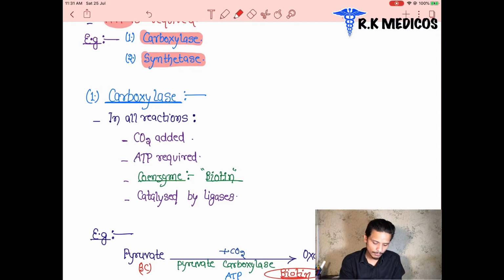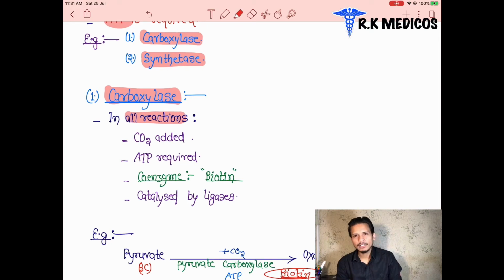In all the carboxylase reactions, a CO2 is added. It means one carbon is added, and ATP is required. ATP is given to these reactions, the coenzyme in all these reactions is biotin, and they are catalyzed by ligase enzymes.